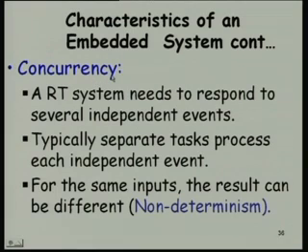Now, there is another important characteristic, true almost universally across all these systems, that these are concurrent, in the sense that multiple tasks will be active at the same time. We will see later that multiple tasks will be active, but why do we have this requirement? Why is it that there will be multiple tasks? Can't one task be enough? To answer this question, we need to see how these operate.